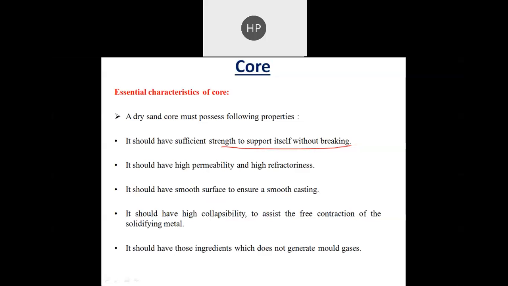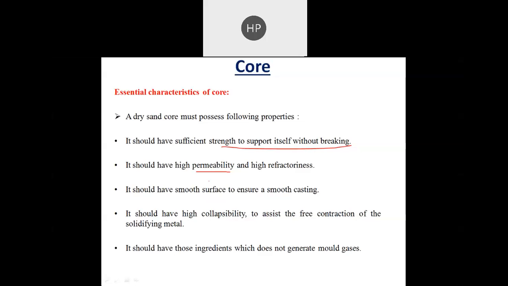Then it should have high permeability and high refractoriness. Now we can easily understand why high permeability is required, because the core will be fixed inside the hollow cavity, and as we talked earlier, when the molten metal is poured inside the hollow cavity, it releases certain gases that will escape.